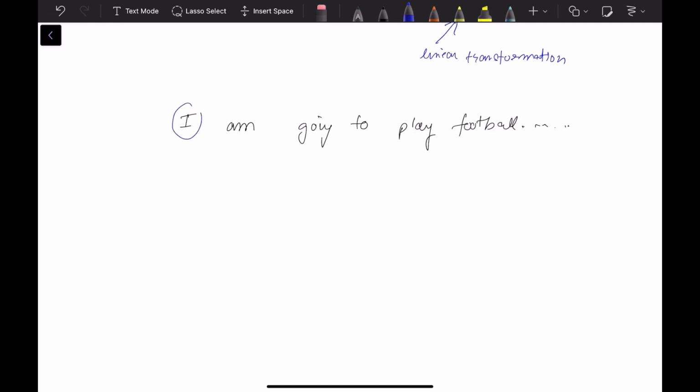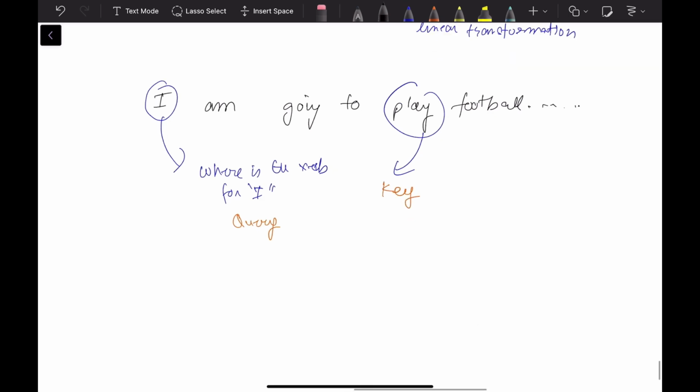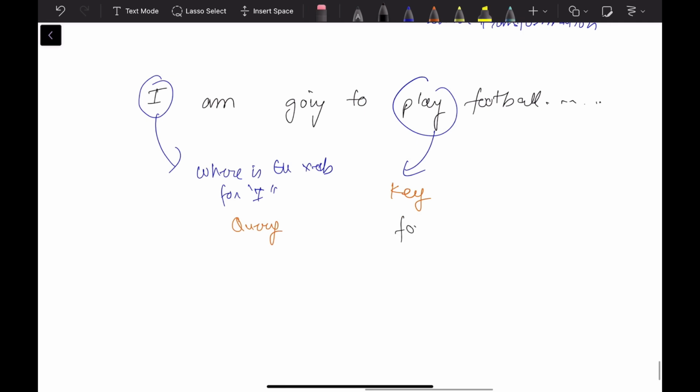So let's say it creates a query for I and asks, where is the verb for I? So this is the query. The key for this particular query will be in the word play, the answer to this question, which is four positions to the right.